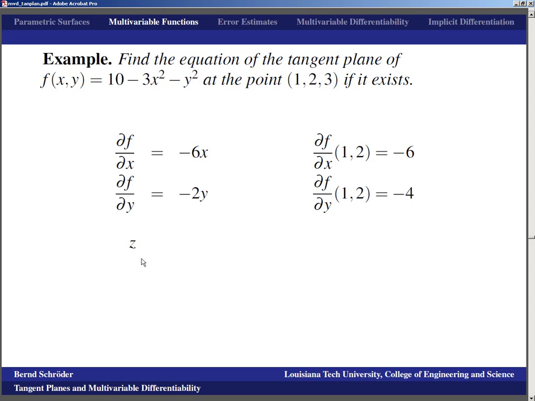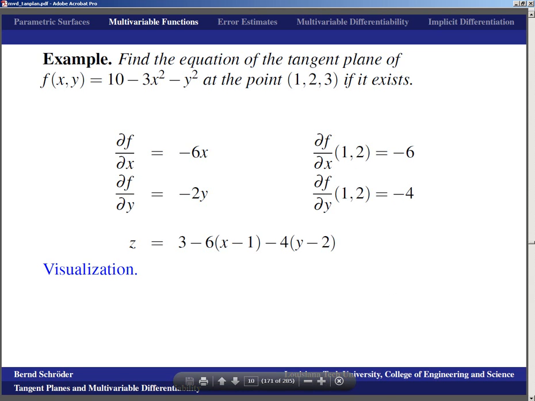And that means that the tangent plane z is the z value at the point, 3, plus negative 6, so minus 6 times x minus the x coordinate of the base point, which is 1, plus negative 4, so minus 4 times y minus the y coordinate of the base point, which is 2, so we get a y minus 2 there.